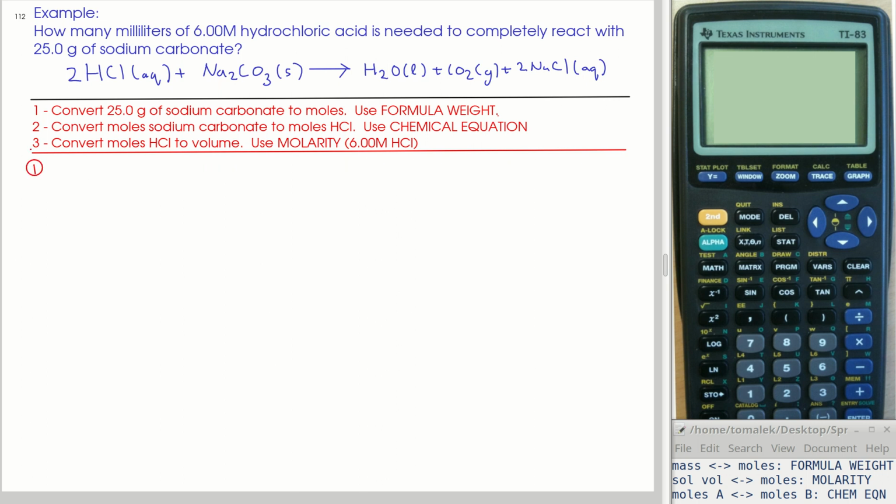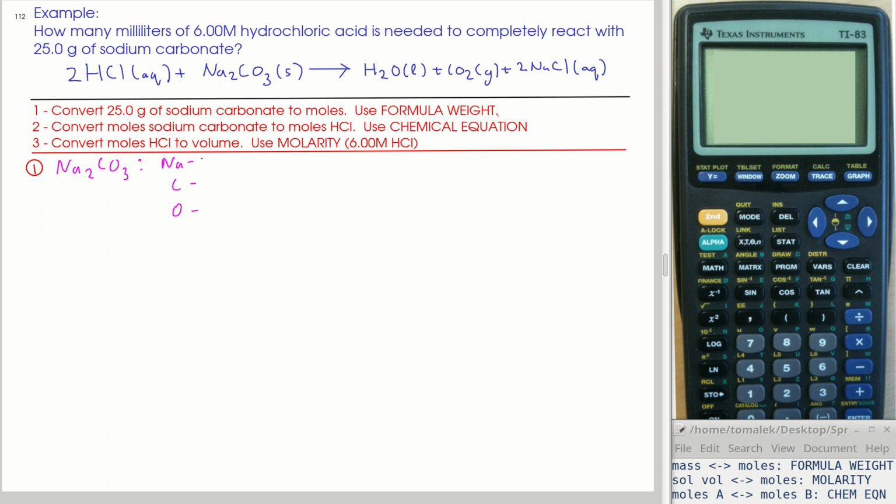So in our first step, we would like to convert 25 grams of sodium carbonate to moles. We will need the formula weight. So now's the time to pull out your periodic table, because they didn't give it to us this time, so we'll have to calculate it ourselves. Sodium carbonate is Na2CO3. It contains sodium, carbon, and oxygen.